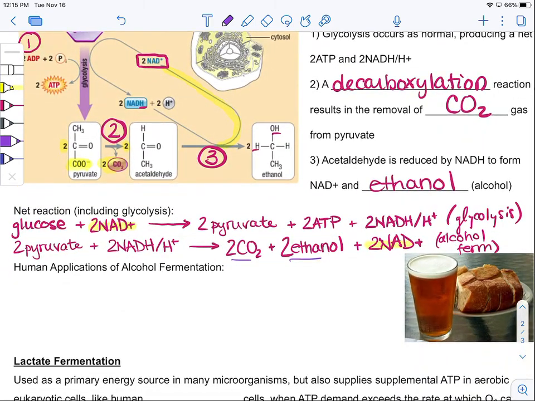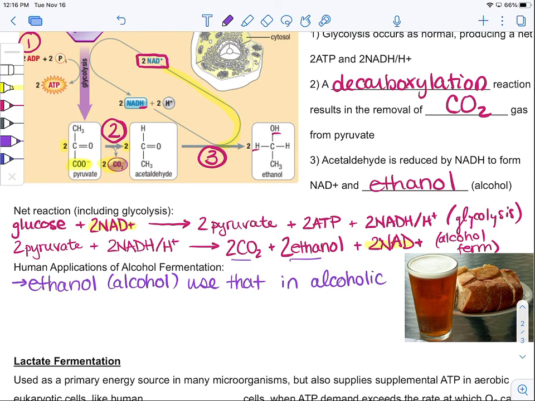The ethanol, as I said earlier, is a type of alcohol. Okay, and we can actually use that in alcoholic drinks, for example. So that's just shown on the side there. But the second one, which is my favorite one, is what we use it for in terms of baking and bread.